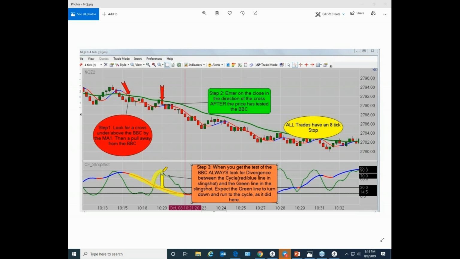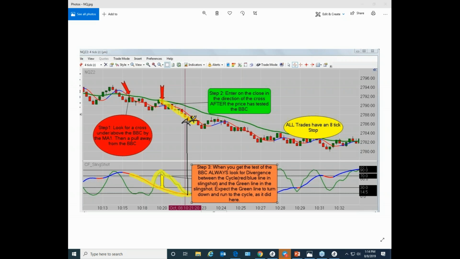The normal thing for the market to do, the normal thing for this green line to do, is ultimately come down and touch the cycle. That's the normal thing for this to happen at this point. And in doing so, price is going to follow along and make a new pivot low. Okay, it's going to make a new pivot low. And when these two intersect, this is the time where we get the heck out of Dodge. We close the position out.